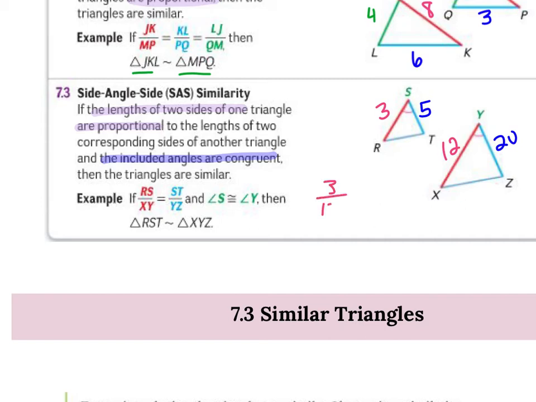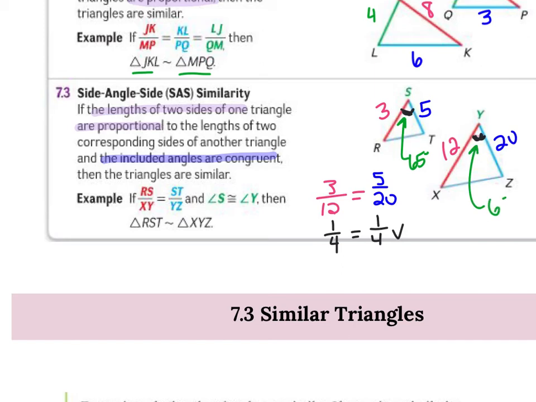Okay, so if you create those ratios, we have RS over XY, 3 over 12 equals 5 over 20. If you were to reduce both of these, we have 1/4 equals 1/4. Okay, so our sides are proportional, and then we have this included angle, which would be congruent. Okay, for it to be congruent, we could say this is a 65-degree angle.